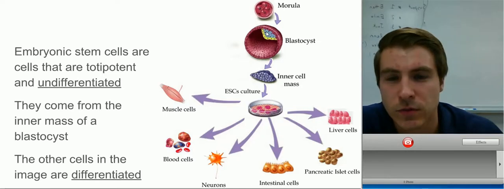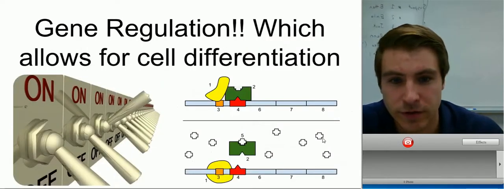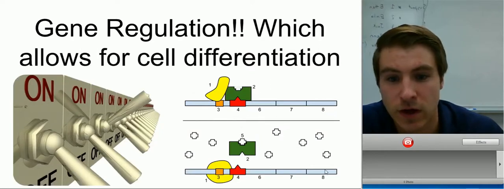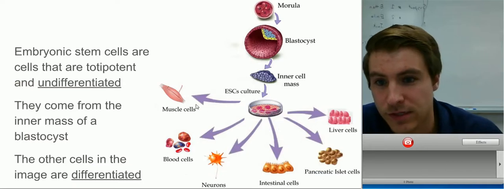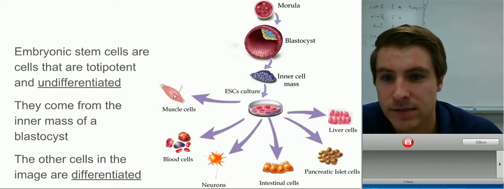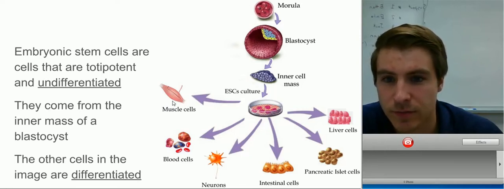And so these cells will soon receive very special chemical signals, much like we showed here, that are going to turn on genes. Once those genes are turned on, for example, the genes that code for actin and myosin, very important proteins in muscle cells, we're going to get a muscle cell to develop.